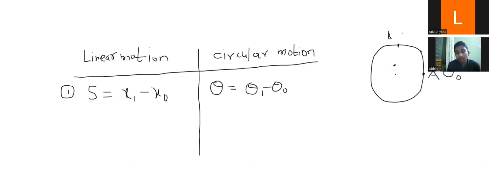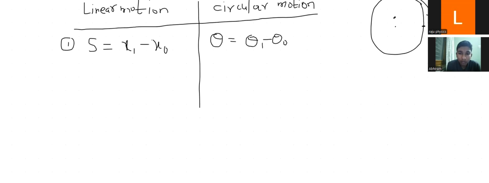So the angular displacement is theta 1, final distance minus initial distance. This is the angular distance, theta.